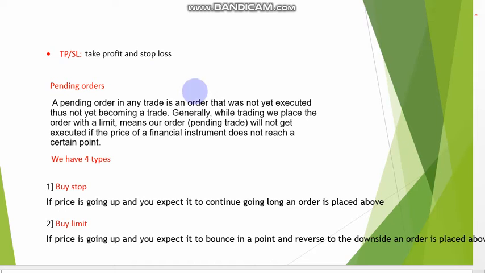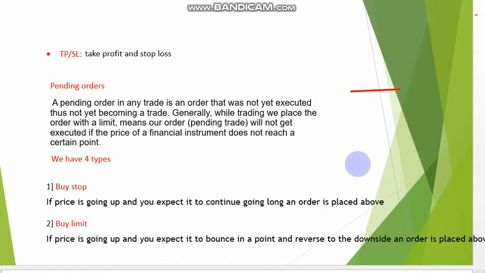Now, talking about pending orders. The forex market has given us the ability to place trades. If you know that the price will reach this particular place and goes up or goes down, you can place trades like that, guys. Let me assume the price is here.